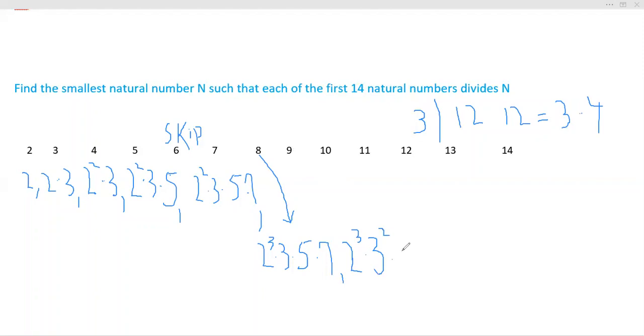Okay, and then we have times 5 times 7. So we're doing good, right? Making sure I'm not making any typos here. Yeah, we recopied this. We made this a 3 squared, and we recopied 5 times 7.